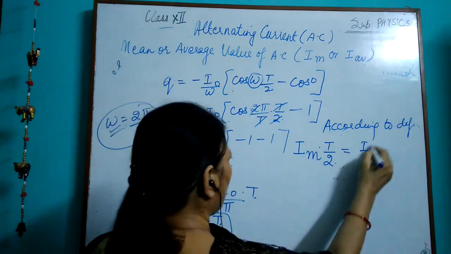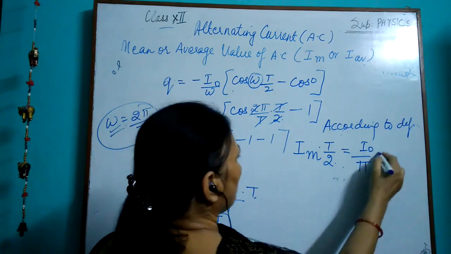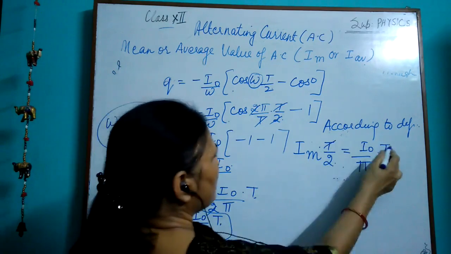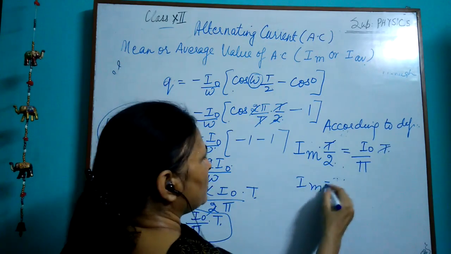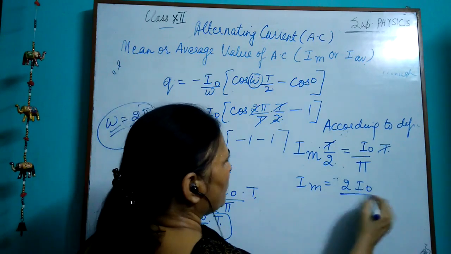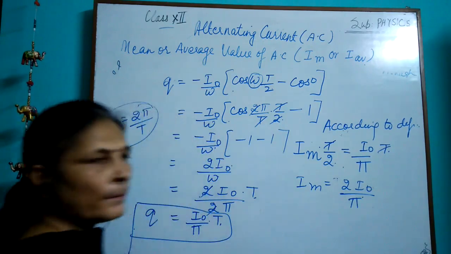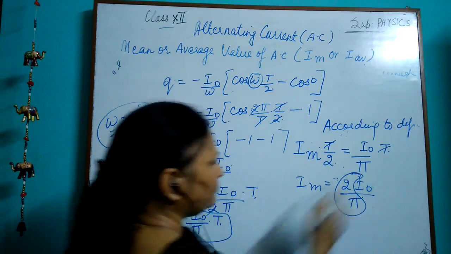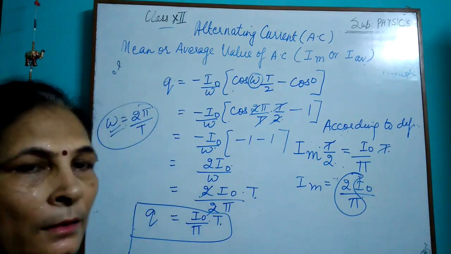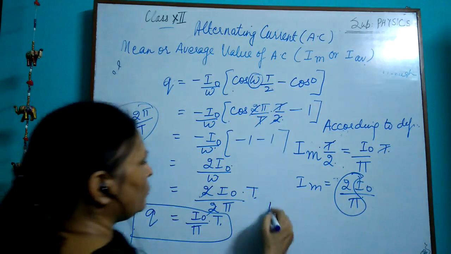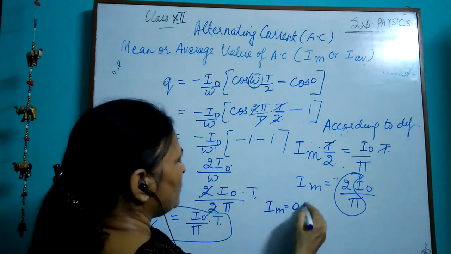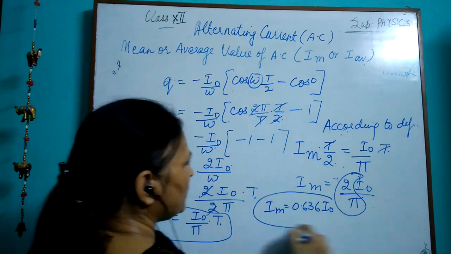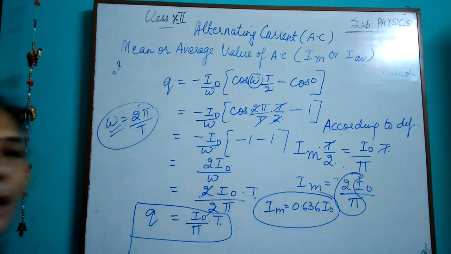So this will be equal to I naught upon pi into T. T and T will cancel out. I will get Im is equal to 2 I naught upon pi. Now this is a constant value. This we can calculate beforehand. You will get Im is equal to 0.636 I naught. This is the relationship between Im and I naught.